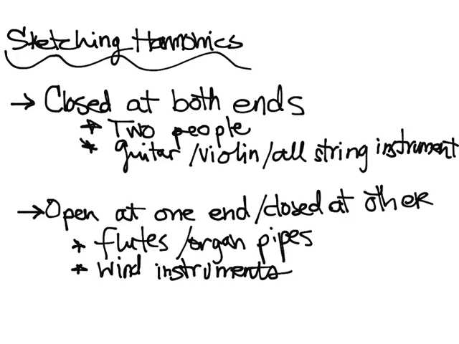And when things are closed at both ends, if you can imagine, when a standing wave is formed, each end has a node at it. So for the closed at both ends, nodes at both ends.